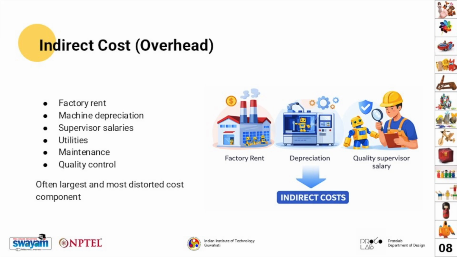For example, the factory building where your toy is assembled, that rent must be allocated across all products. The machine used for injection molding, its depreciation must be allocated. The quality supervisor inspecting products, their salary is overhead.